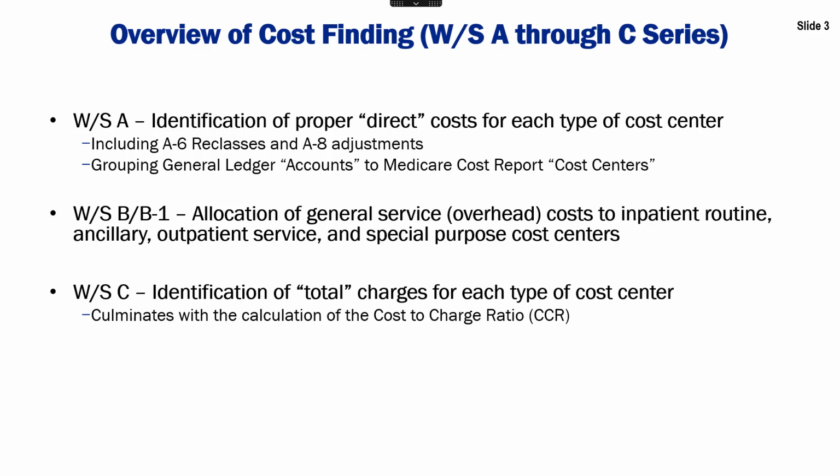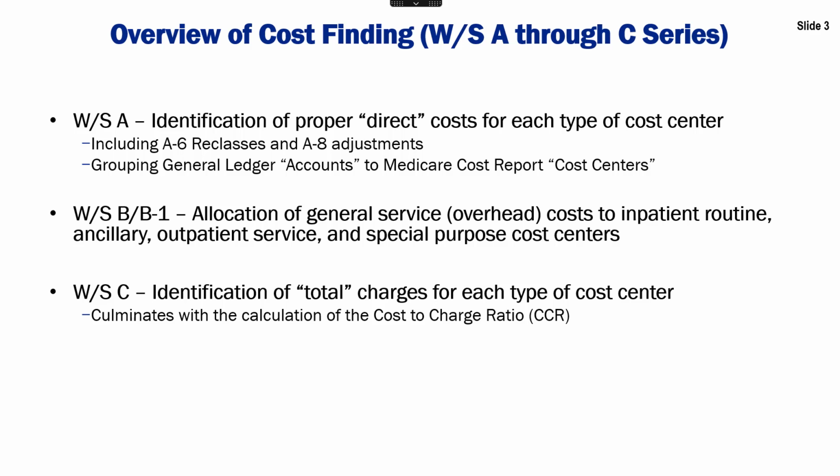So we have the accounts on the provider's financial accounting system. The Medicare Cost Report, on the other hand, there is no account name. That's not the classification. It's cost center. So what we're going to see throughout a lot of this video is that we have to identify where all the various accounts from the financial accounting system go, what cost centers do they go to?